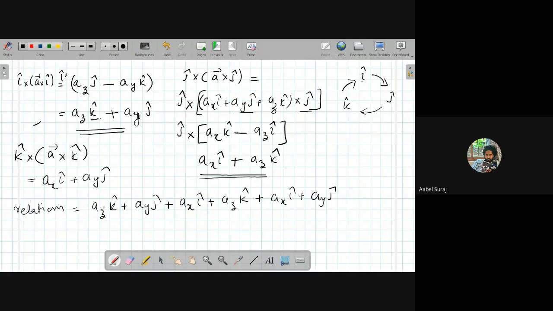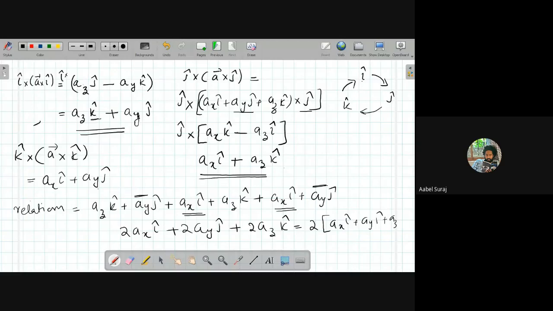So there is this i component, this is ax, here it is ax, so 2ax i cap, plus this is ay and one more ay is there, so 2ay j cap, plus similarly 2az k cap. So 2 we can take outside. It will be 2 into ax i plus ay j plus az k, right? And that will be equal to what? 2 into a vector, right? So this is how you do it.